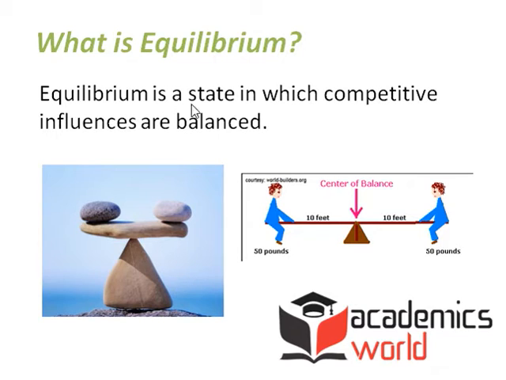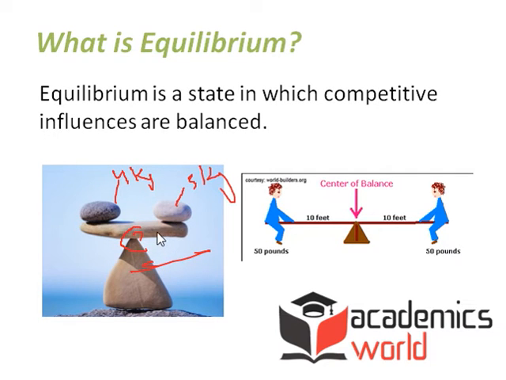Equilibrium is a state in which competitive influences are balanced. For example, suppose this rock has 5 kg mass and this one is 4 kg, and they get balanced by this rock.